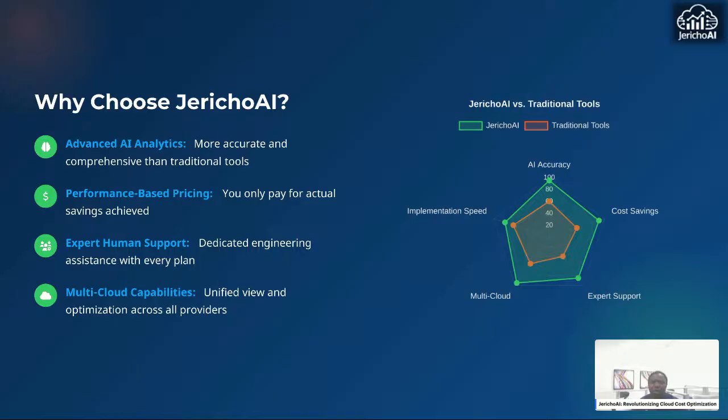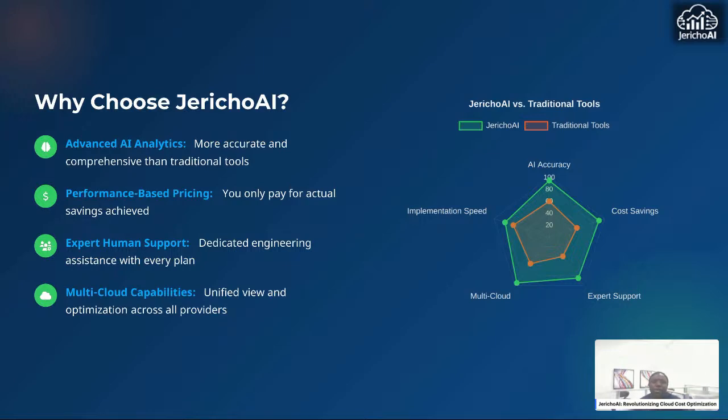And beyond that, what you have seen there beyond the autonomous part, we provide options in our platform. Another thing that is very unique to Jericho AI is that we have multi-cloud capabilities, unifying view and automation across all the clouds.